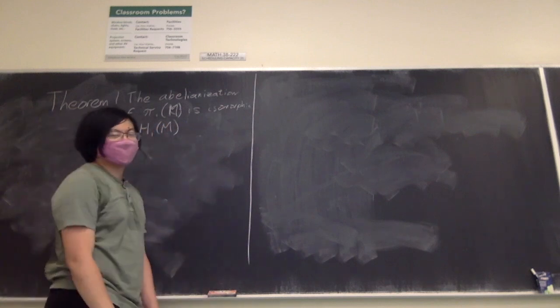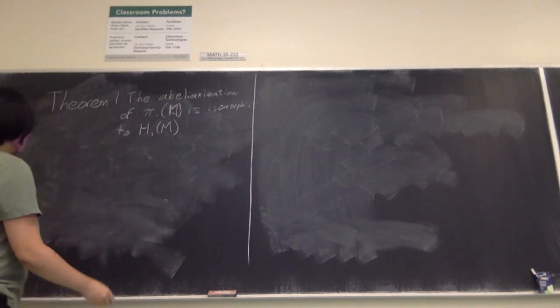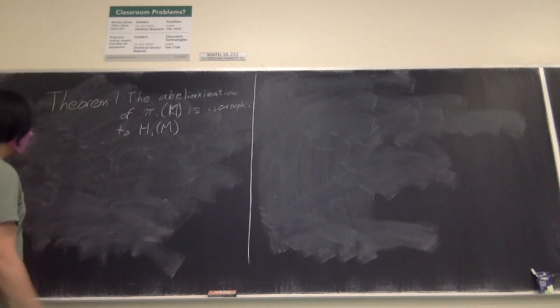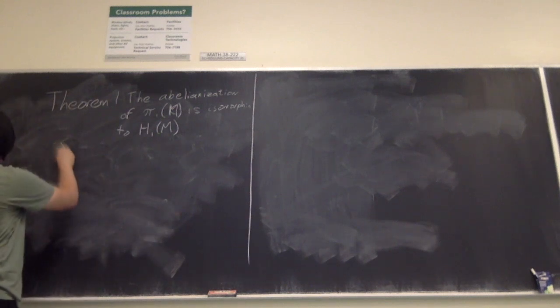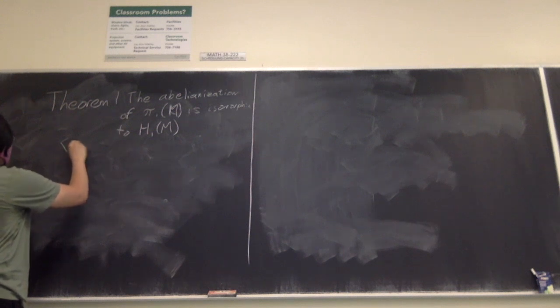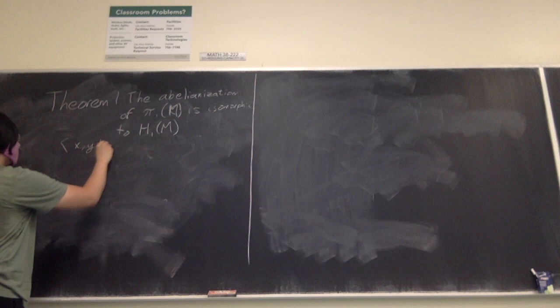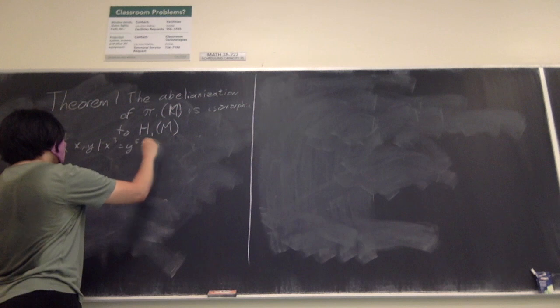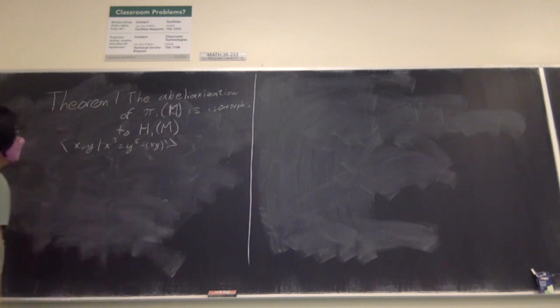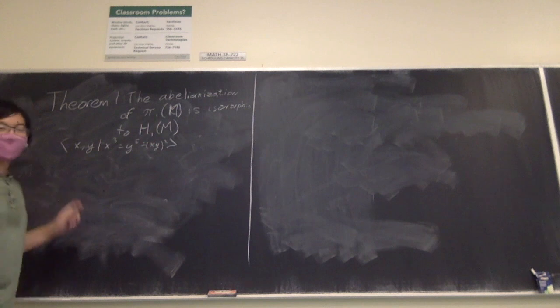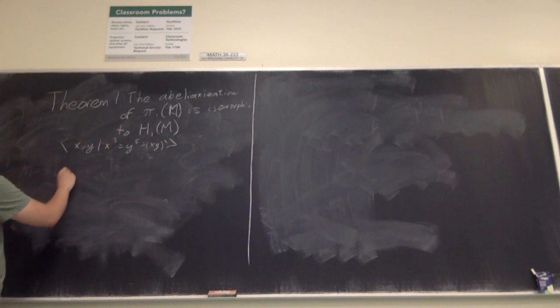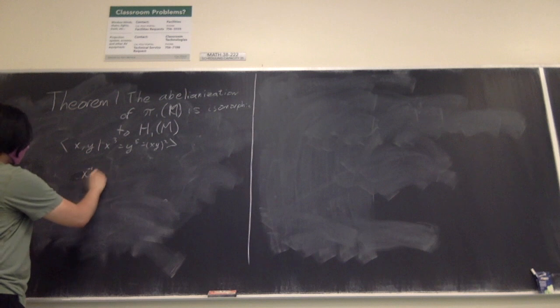I'm not really going to go into the proof, but this one allows us to get H1 pretty easily because our fundamental group was generated by x, y such that x cubed equals y fifth equals x y squared. The abelianization of this is what you get if you quotient it out by its commutator subgroup. And a commutator is just all elements that look like this.